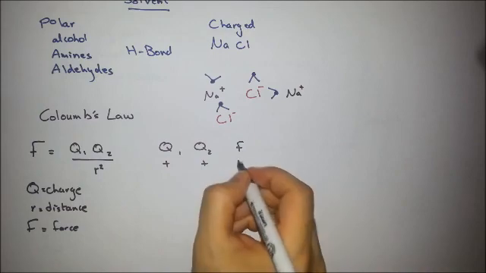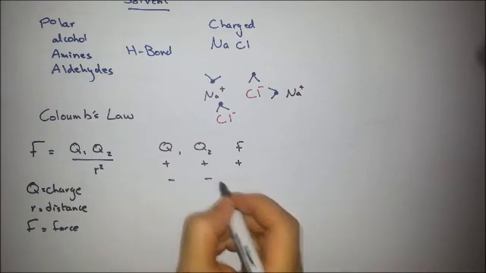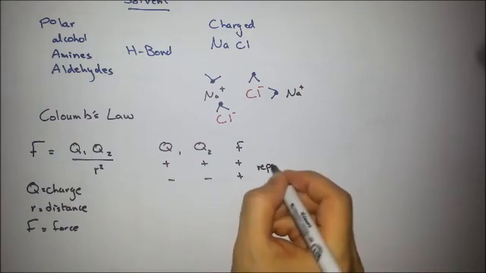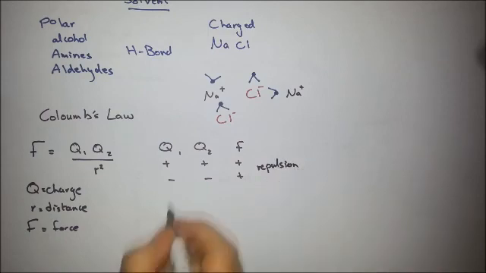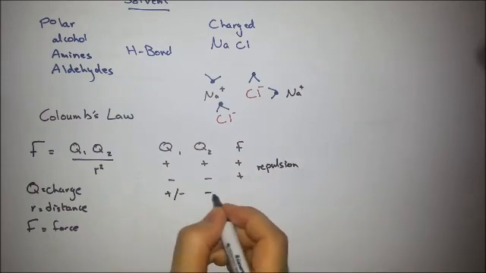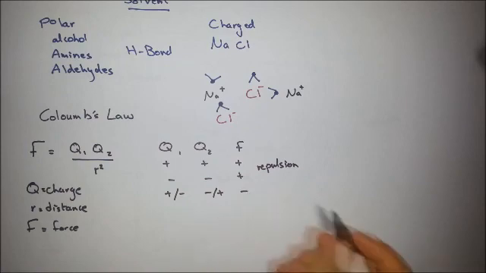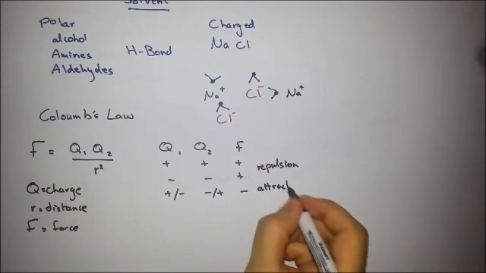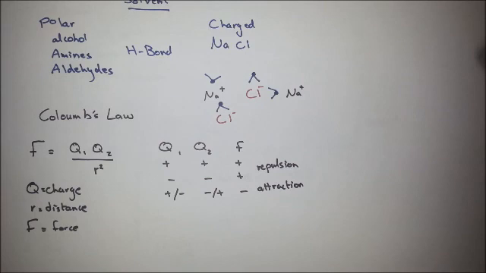If the charges are both positive or both negative, the result will be positive, which means that there will be repulsion between the particles. But if one is positive and the other is negative, the result will be negative, which means attraction. So what does this all have to do with water?